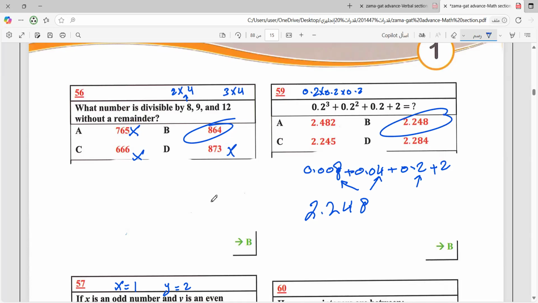So the exponent determines the number of digits after the decimal. The exponent means repeating the number: you multiply 2 times 2 is 4, times 2 is 8. What about the decimal? Here it says 0.2 to the power of 3. So you determined it based on the exponent, because it's 3 digits.